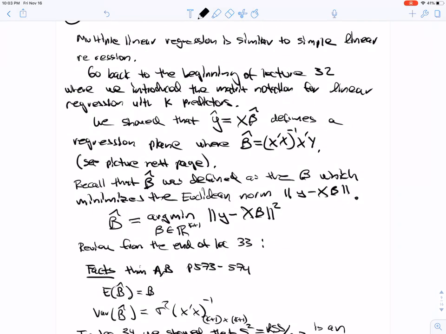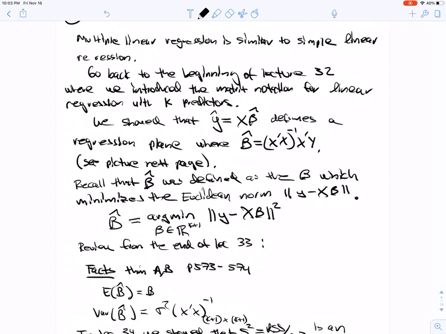We showed that y hat equals x beta hat defines a regression plane, where beta hat is defined as the argmin over all beta in k plus 1 variables, minimizing the Euclidean norm of the residuals, y minus x beta.